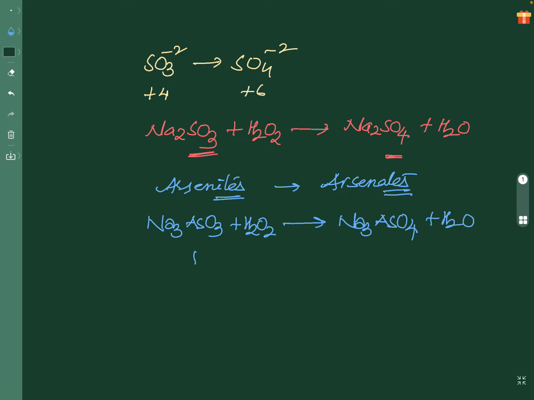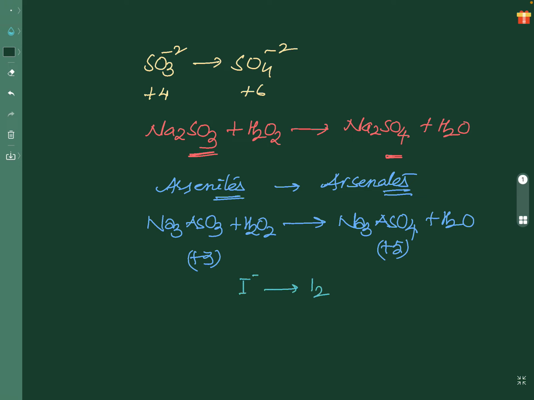Same thing here: the oxidation state of arsenic is +3, and here it is +5. An increase in oxidation state is oxidation. So here you can see that oxidation. Then potassium iodide is oxidized to I2. I- is converted to I2.